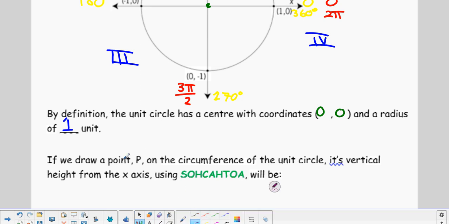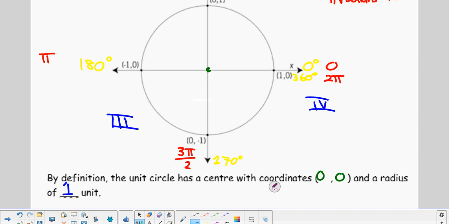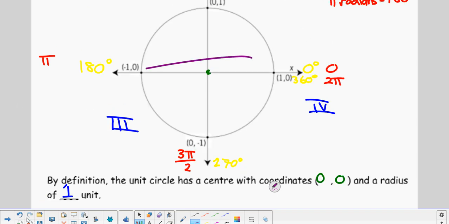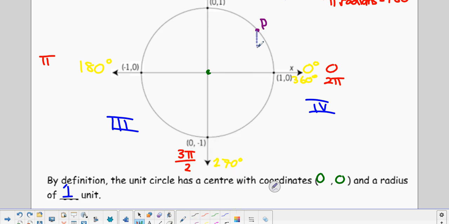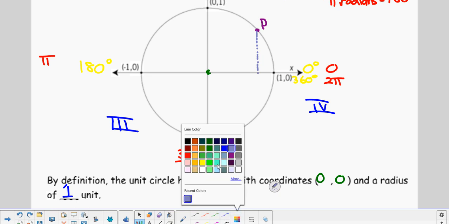If I draw a point P on the circumference of the unit circle, let's put a P, probably somewhere in the first quadrant. Mark in point P. And then maybe with another colour, this nice mauve, I'll mark in a little triangle here.